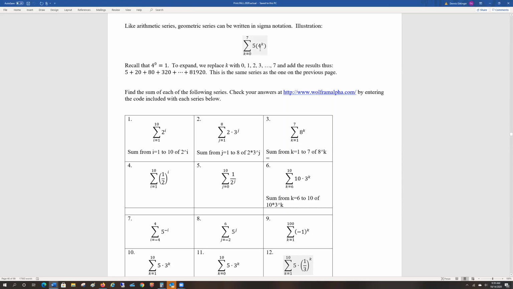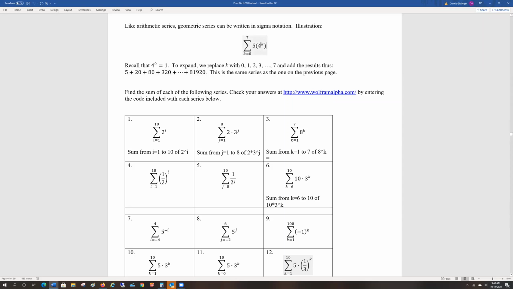When you plug in 0, you get 4 to the 0 power, and most people think that's 0, but actually 4 to the 0 power is 1. In fact, any number to the 0 power is 1, other than 0 to the 0, which is not a number at all. All right, so the idea is to expand this, replace k with 0, 1, 2, 3, up to 7, and add the results.